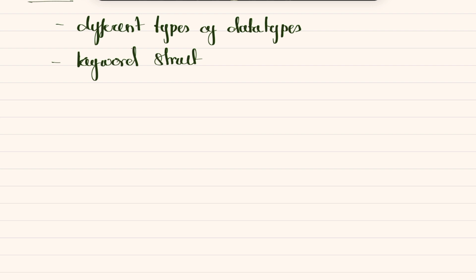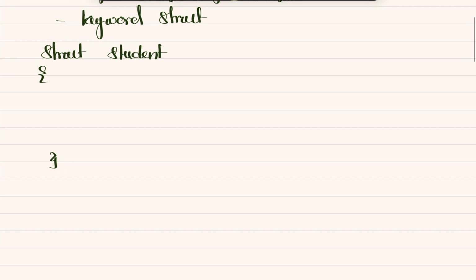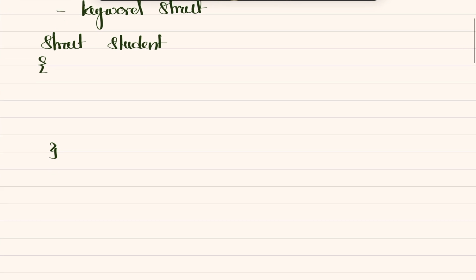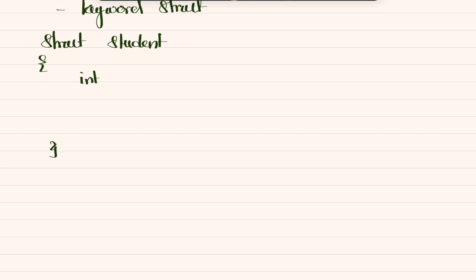For example, struct student, then curly brace. Structure has members with different types of data types. For example, int roll number, then char name, then float mark.